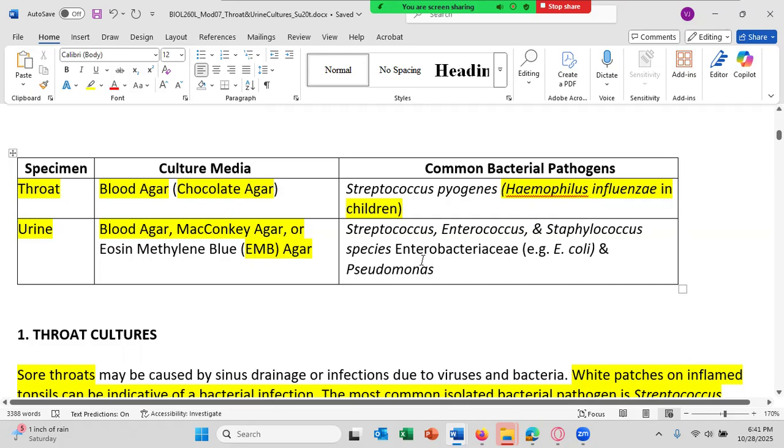One problem with Enterobacteriaceae, it is gram-negative, but it's very similar in shape and most appearances to Pseudomonas. And there is some species of Pseudomonas, particularly Pseudomonas aeruginosa, which can be a urinary tract infective agent. Any questions about what media we grow these specimens on?